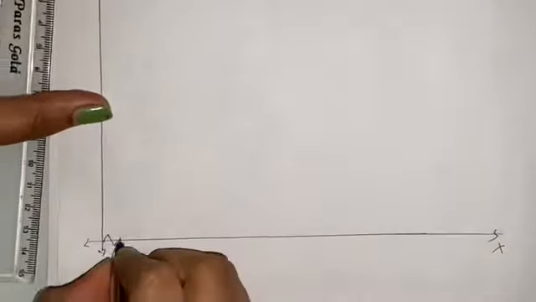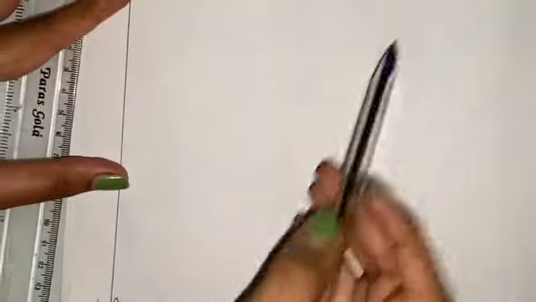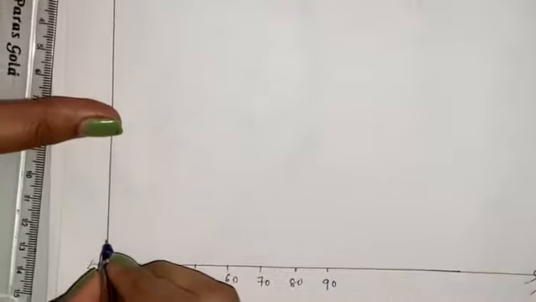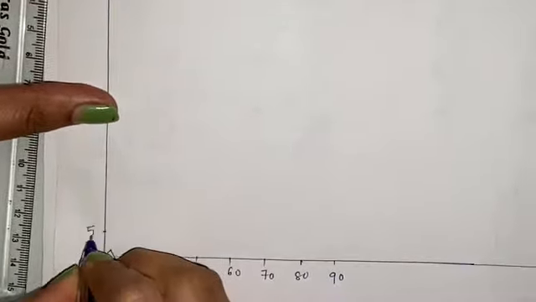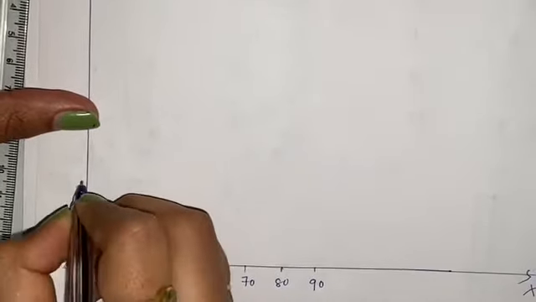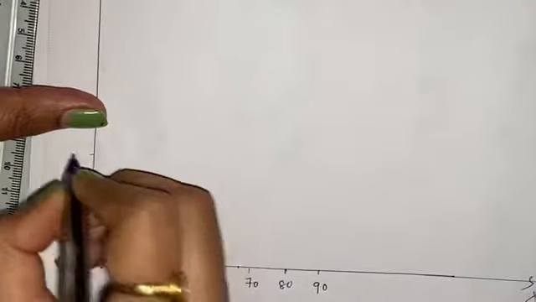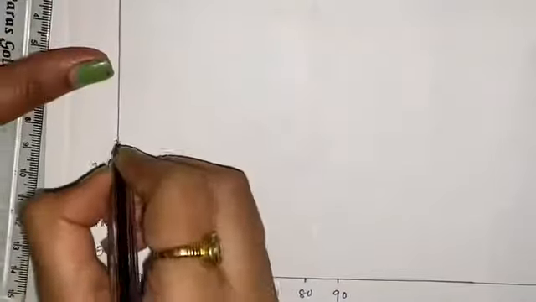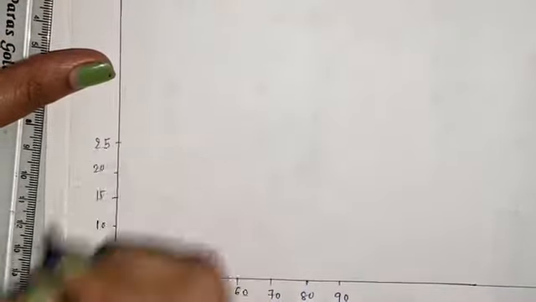This is origin. Now over here we have this kind of numbers. So starting from 2, I will start from 5, 10, 15, 20, 25. Now these are our coordinates.